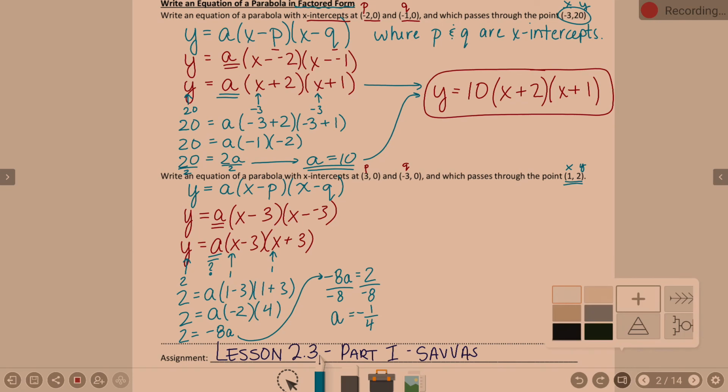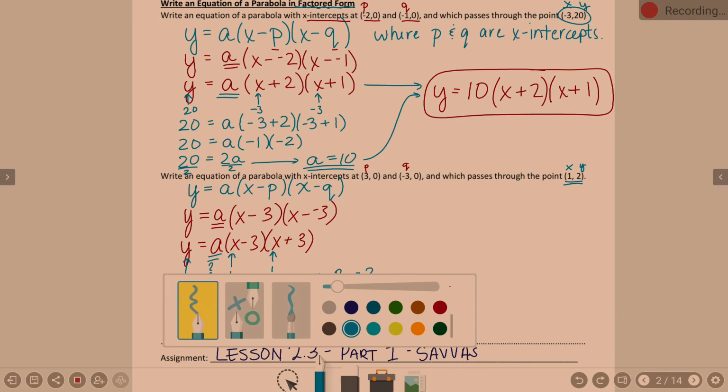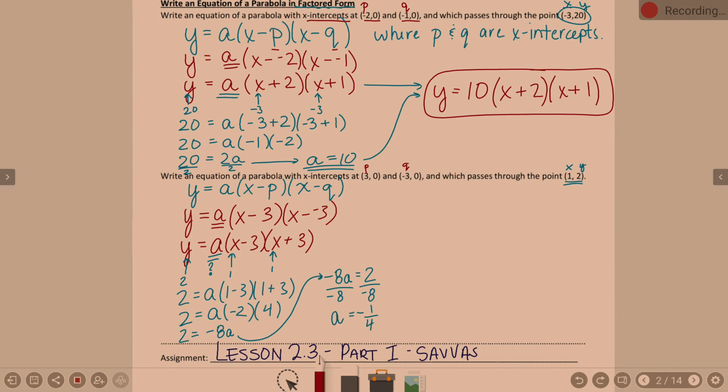I'm going to go with a fraction for this. Okay. Write your answer, yes? Y equals, we now know a to be negative 1/4. We had x minus 3 and x minus negative 3, which was x plus 3.